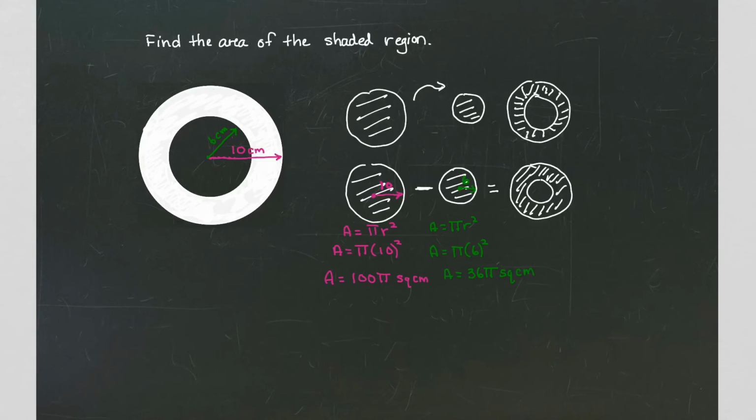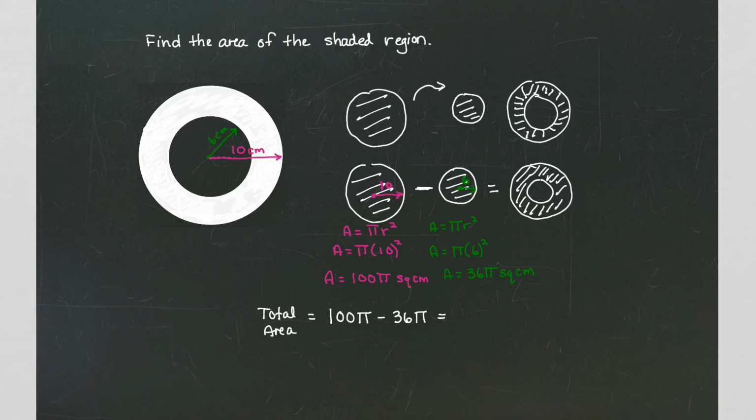So if I take that outside circle and remove the inside circle, I get the total area. My total area is given by the following: the outer circle area, which is 100 pi, minus the inner circle area, which is 36 pi.